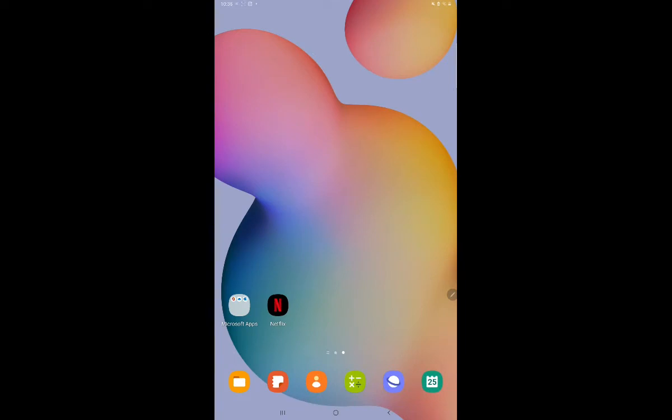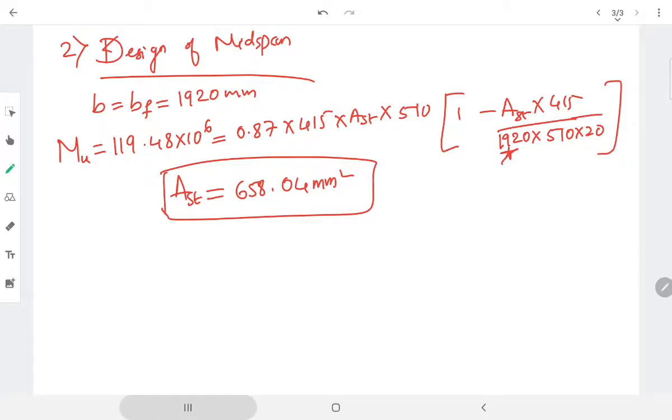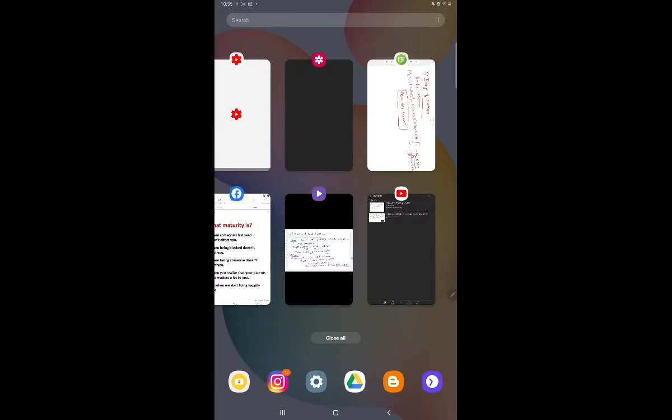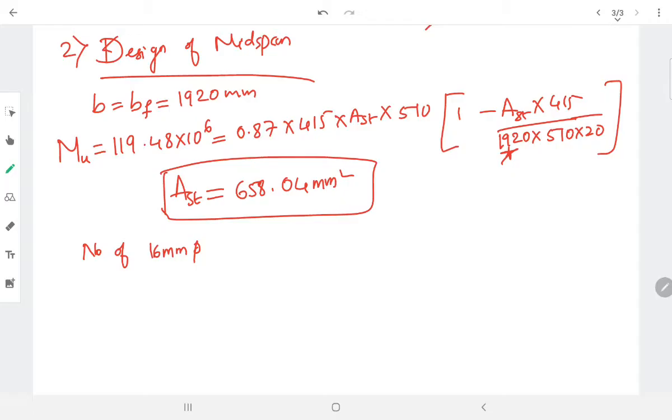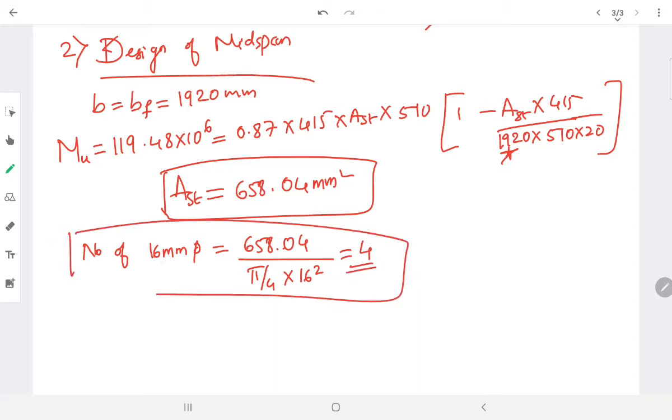So the number of 16 mm pi bars required is 658.04 divided by pi by 4 into 16 square. So approximately 4 bars are required in the mid span. So in the support we require 3 bars, and in the mid span of the beam we require 4 bars.